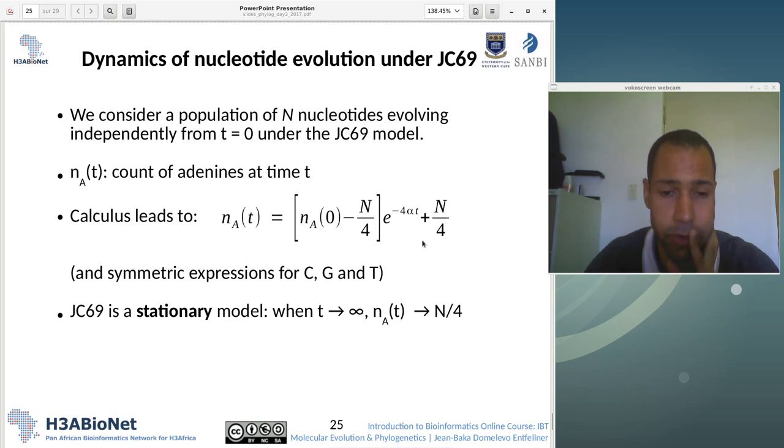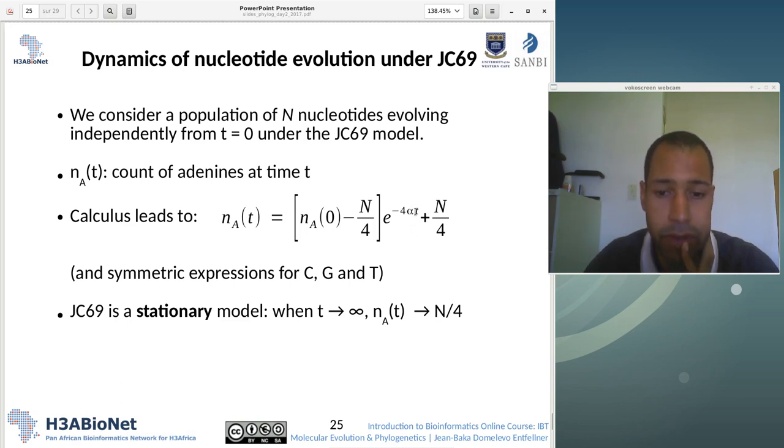From this expression, we see that the proportion of a certain nucleotide at time t depends, of course, on the initial proportion that you have of this nucleotide and on the time that has elapsed, plus the alpha parameter, that is our single parameter for the Jukes and Cantor 69 model.